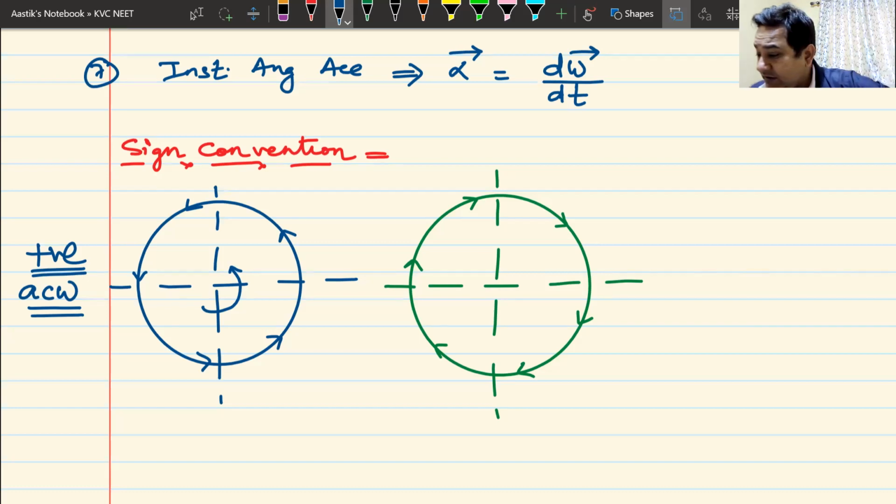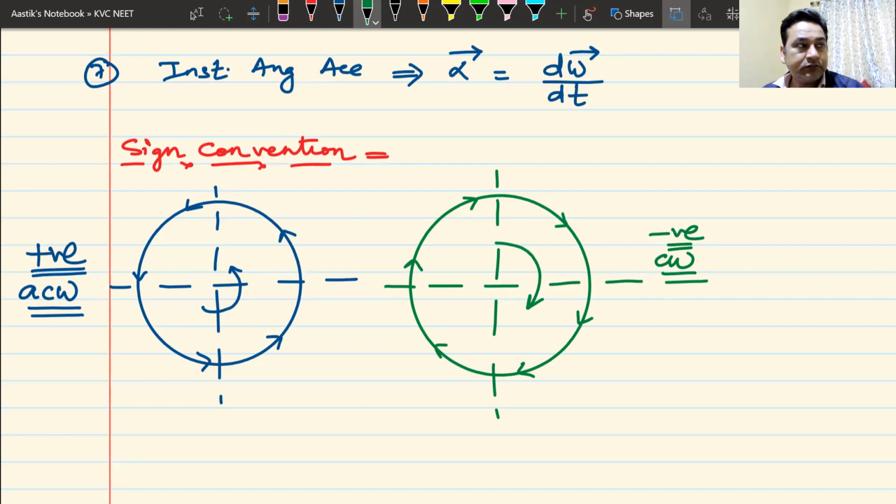So this blue one is positive, and the green one is rotating like this. It is rotating CW. CW means clockwise, and that would be taken as negative. So this is a sign convention for circular motion or for rotational motion, and we will follow this sign convention always.